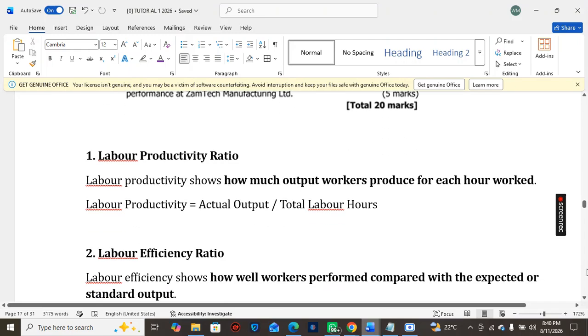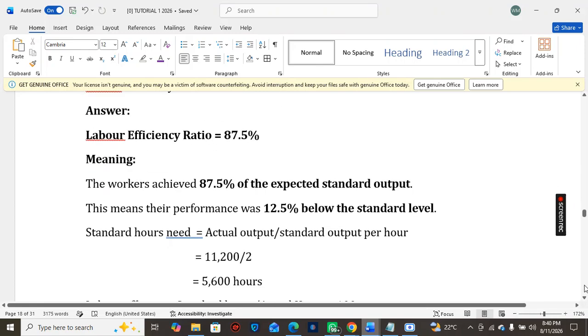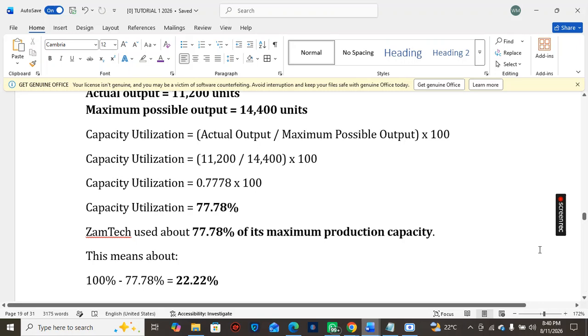So, actual output 11,200 over maximum possible output 14,400 units times 100. 11,200 divided by 14,400 is 0.778.